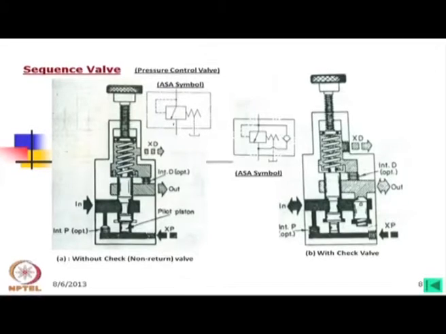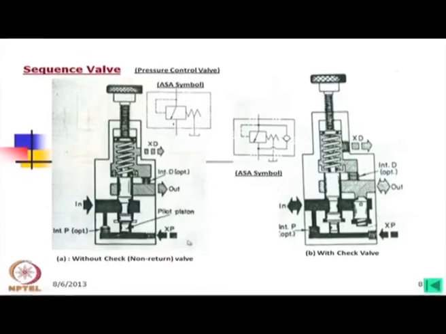The only differences we can understand from their function. In this case, what we have shown is without a check valve, without a non-return valve. Here the flow is going in to this and flow is going out through this one.